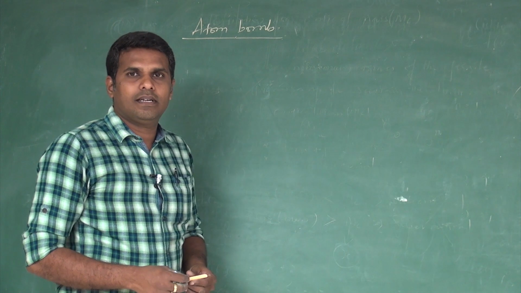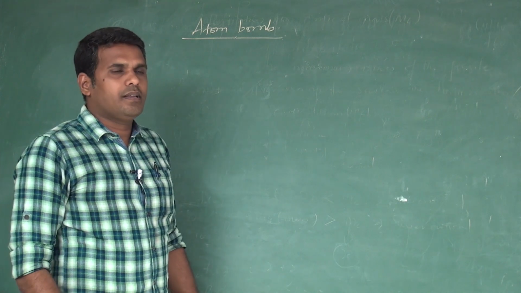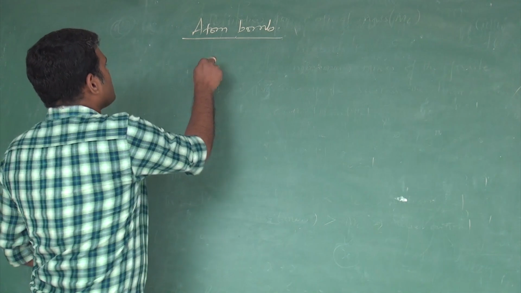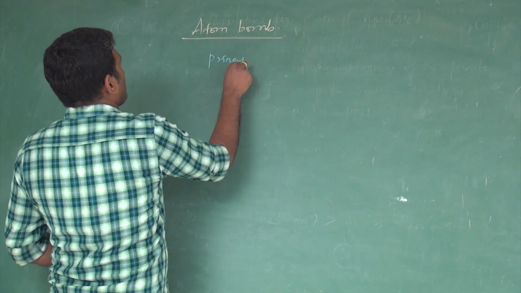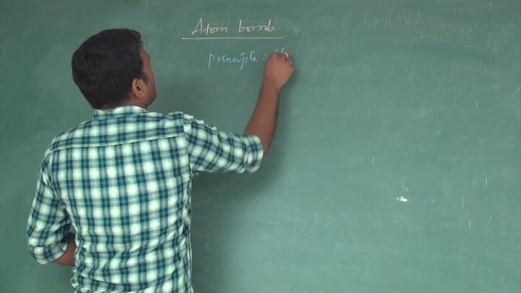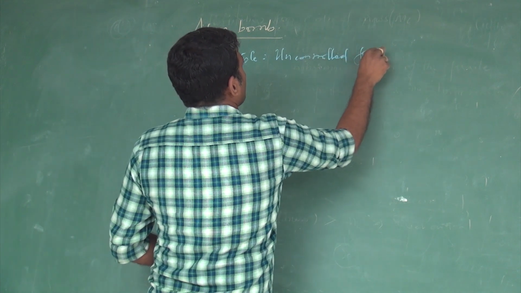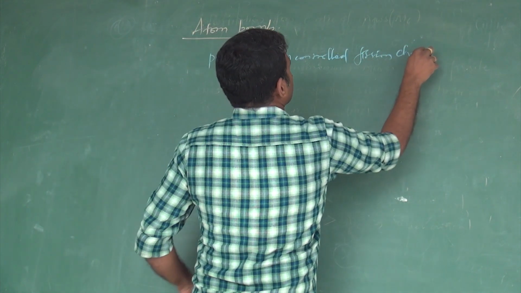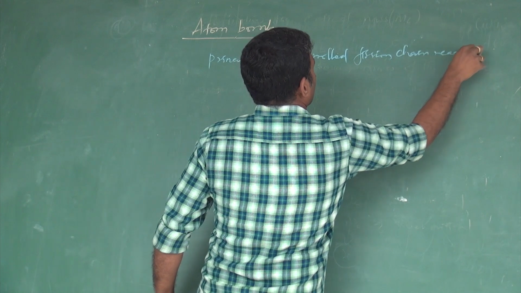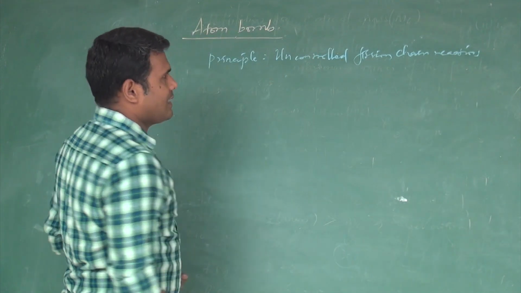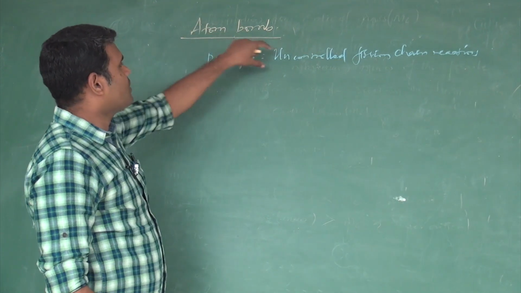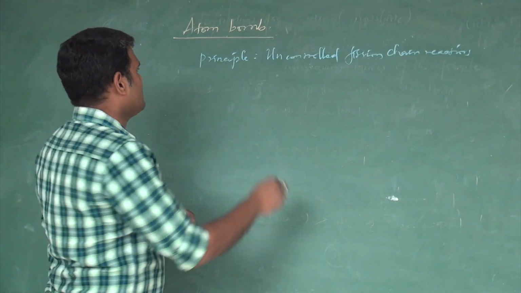As I mentioned, in an atom bomb, the basic principle involved is uncontrolled fission chain reaction. Atom bomb works on the principle of uncontrolled fission chain reaction.